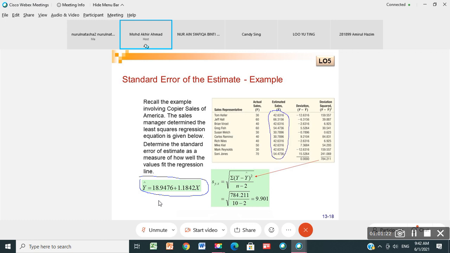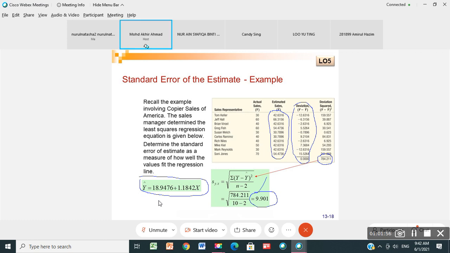Then we want to see the difference between y and y hat in this column. Then (y minus y hat) squared, sum of that, we get this value, 784.211. So we just key in this data to here, then we get the standard error is 9.901.